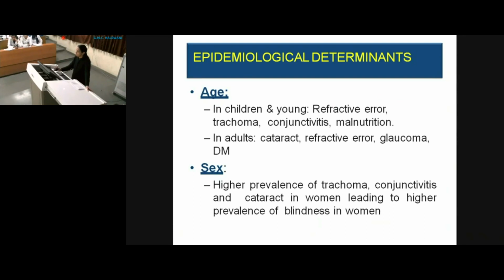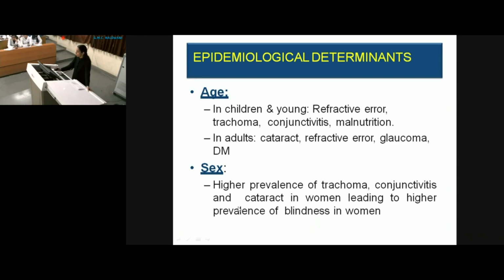So what are the determinants? What are the epidemiological determinants in causation of blindness? Age factor: in children and the young age group, refractive error, trachoma, conjunctivitis, and malnutrition are the important causes of blindness. In adults, cataract, refractive error, glaucoma, and diabetes mellitus.